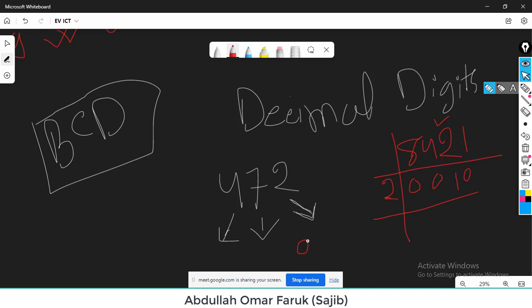Now it comes to 7. What is the binary of 7? To make 7 we need 4, 2 and 1, and this 8 is useless, we do not use it to make 7, so it is 0. And what about 4?